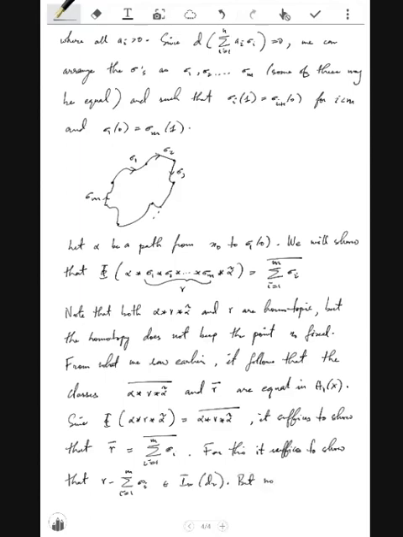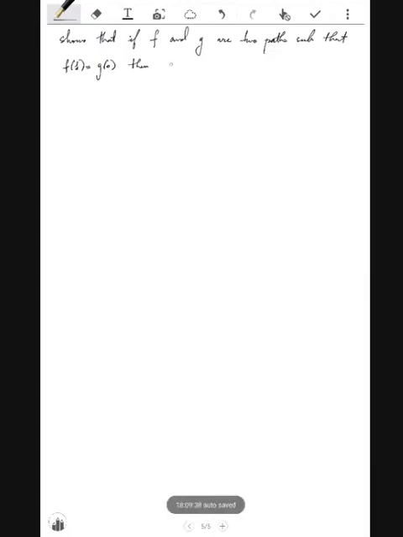But note that the same idea we used to show phi is a group homomorphism shows that if f and g are two paths such that f of 1 is equal to g of 0, then f star g minus f minus g is an image of T2.